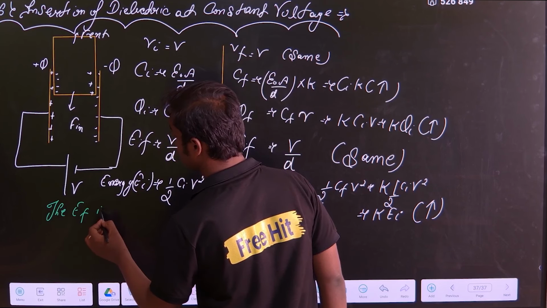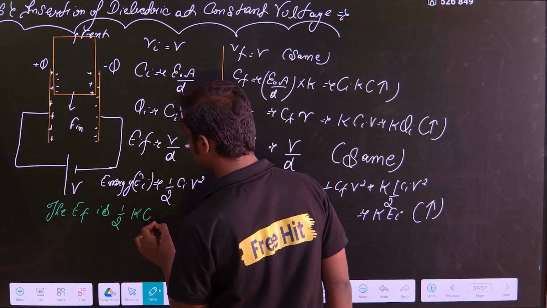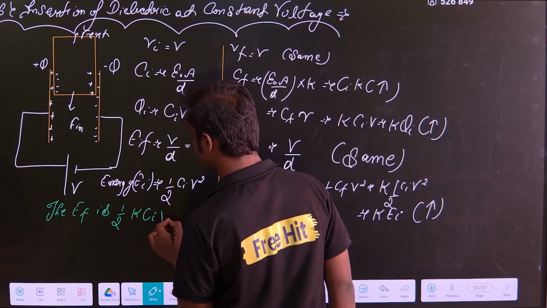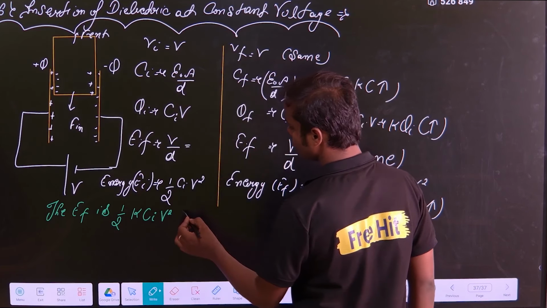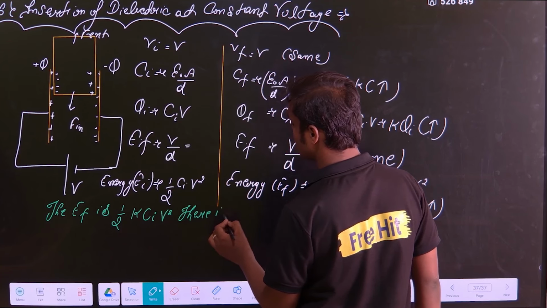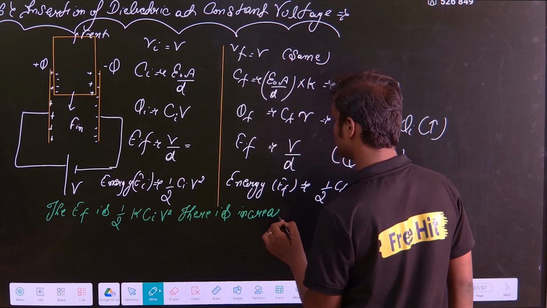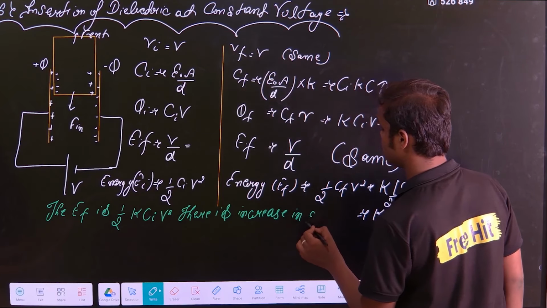E final is half K C initial into V square. There is an increase in energy.